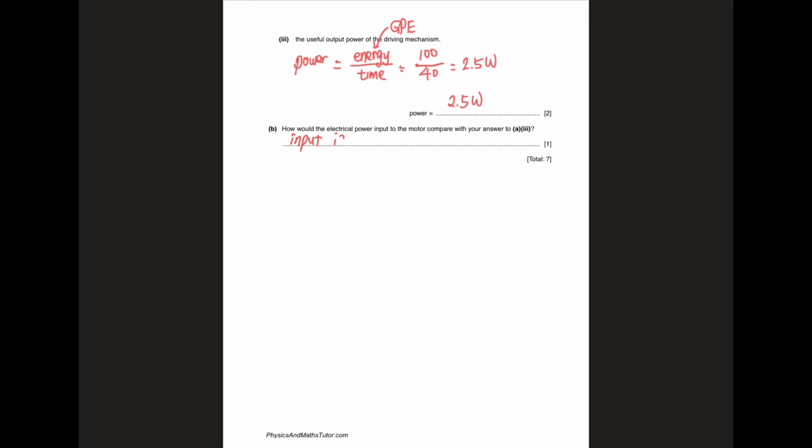Imagine that there should be some energy loss. Part of the energy is lost, so the input energy should be greater than the output. Okay, just like that, and this one is settled already.